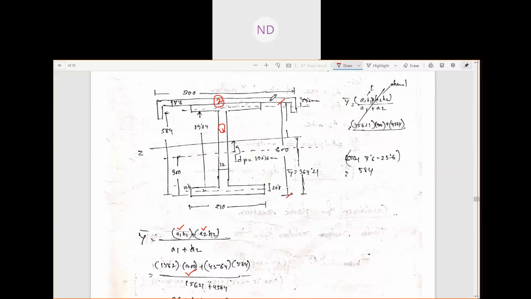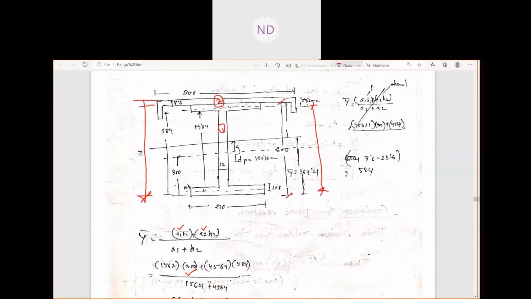So you will get the entire distance from the bottom till here, this plus the 7.6. After that we can subtract the CG distance of the channel section, so that will give you the distance from here to here, that is the CG of the channel section from the bottom.